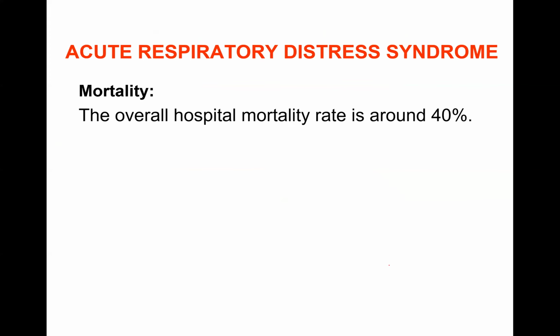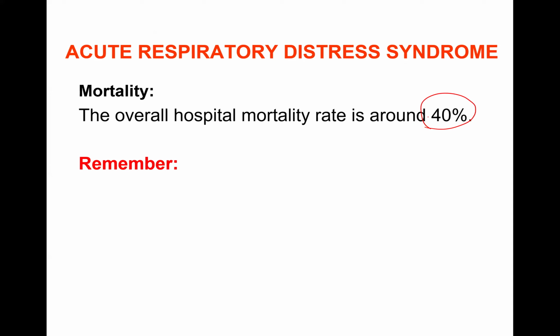Mortality. The overall hospital mortality rate of ARDS is around 40%, patients die, right? So remember what we understood was acute respiratory distress syndrome that happens due to primary lung damage or secondary lung damage from other inflammatory conditions, systemic inflammations, right?